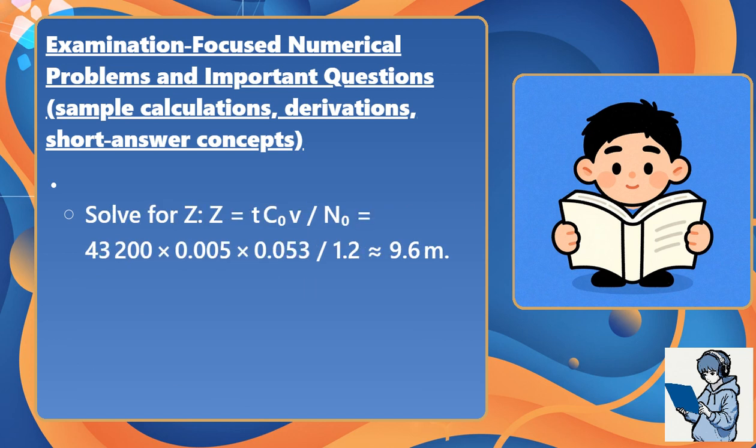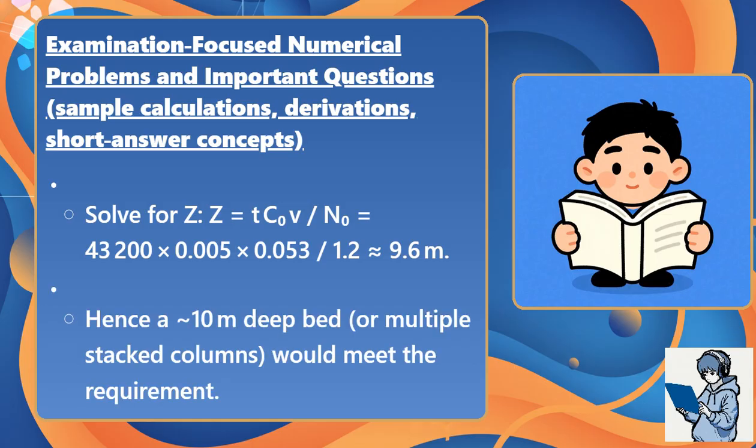Solve for Z. Z equals T times C0 times V divided by N0 equals 43,200 times 0.005 times 0.053 divided by 1.2, approximately 9.6 meters. Hence, an approximately 10-meter deep bed or multiple stacked columns would meet the requirement.